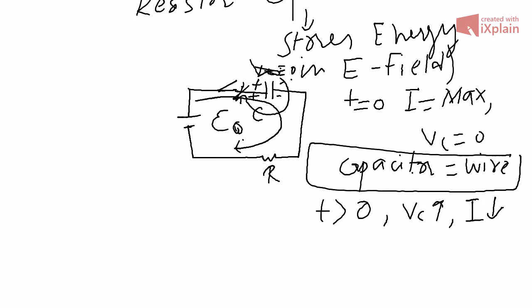We will find that by KVL, the Kirchhoff voltage loop rule. We know that the battery voltage is equal to the voltage dissipated across the capacitor plus the voltage dissipated across the resistor.